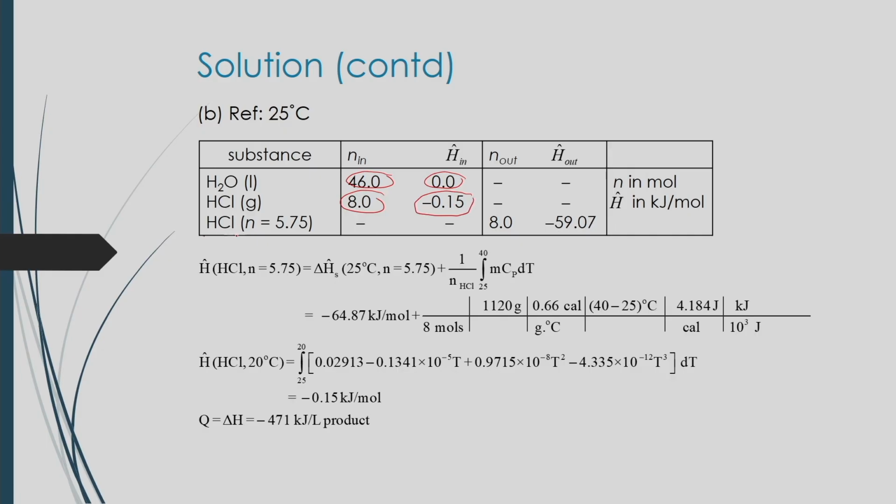And in the solution, considering the heat of solution at this ratio, there will be no hydrochloric acid solution at the inlet condition at this ratio. So, that enthalpy and moles will be 0, whereas at the outlet, the moles of hydrochloric acid will be N out equal to 8 moles, and the enthalpy change will be minus 59.07.